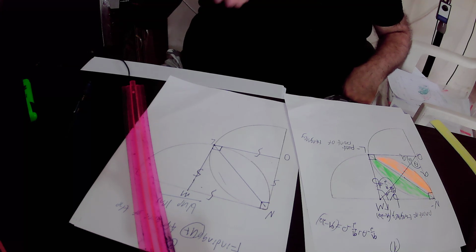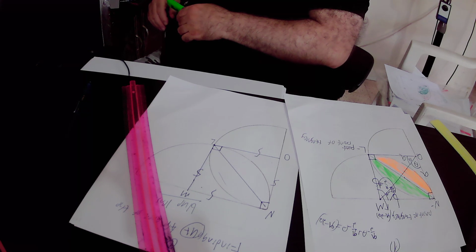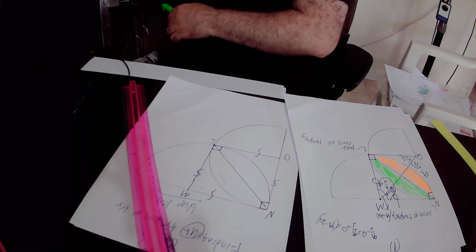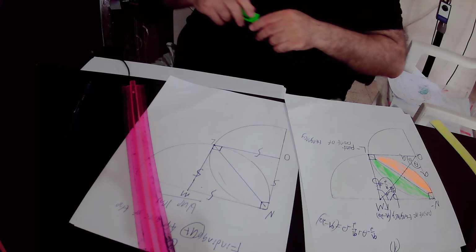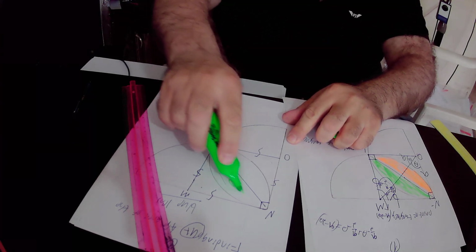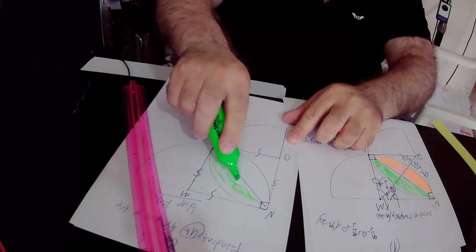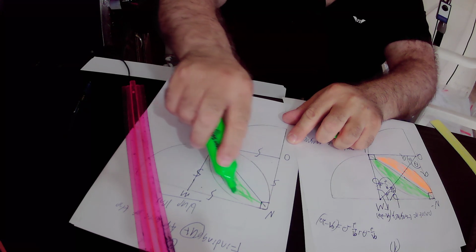So first of all, we will find out the area of the upper circular segment. We will multiply it by 2, and this will be the area of the blue lens.